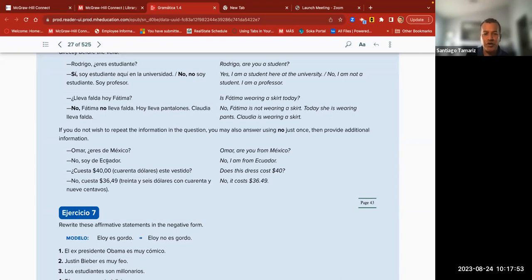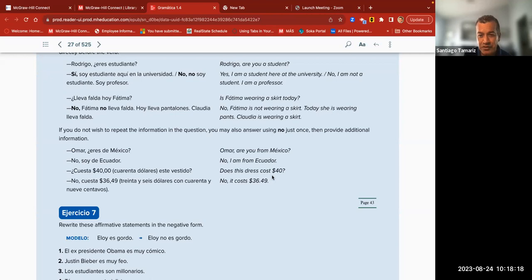No, soy de Ecuador. But you need to put the comma, otherwise the entire idea changes. If you say, no soy de Ecuador, that means I'm not from Ecuador. But if you say, no, comma, soy de Ecuador, you say, no, I am from Ecuador. Bien, another example. ¿Cuesta $40 este vestido?